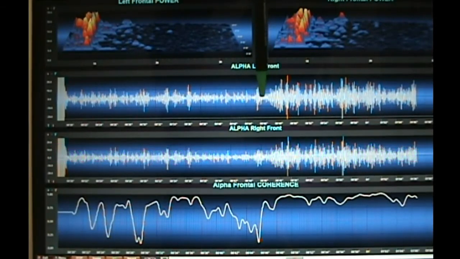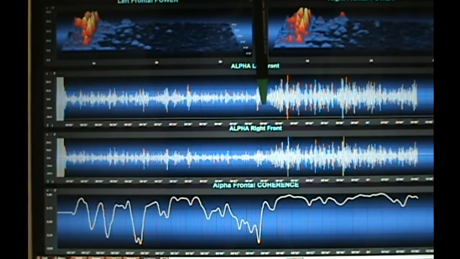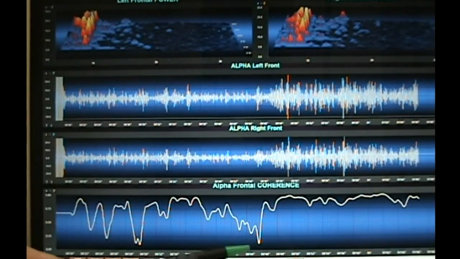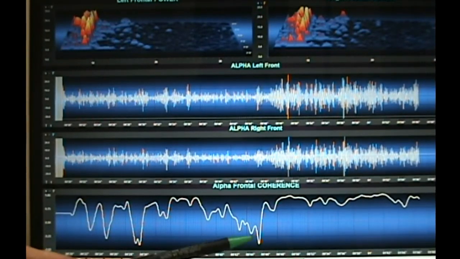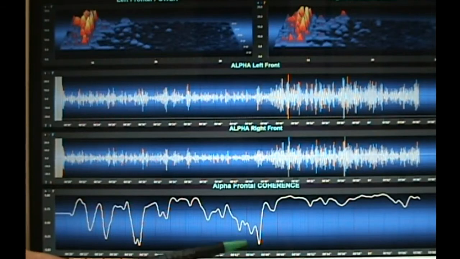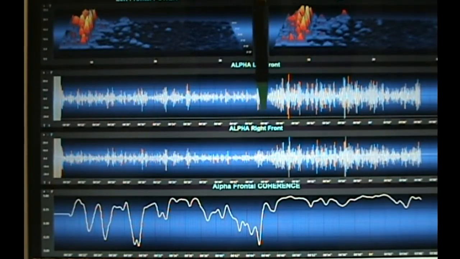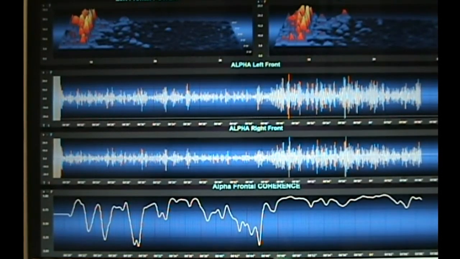And that you can see on both the left and the right-hand side after the beginning of TM, where the marker is. You also see that at the same time point, right here, the EEG coherence in the front of the brain, between the left and the right-hand side, also shifts dramatically from before to during the TM technique.